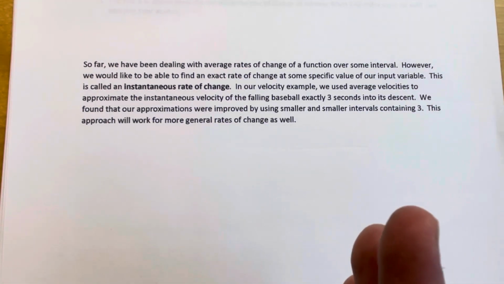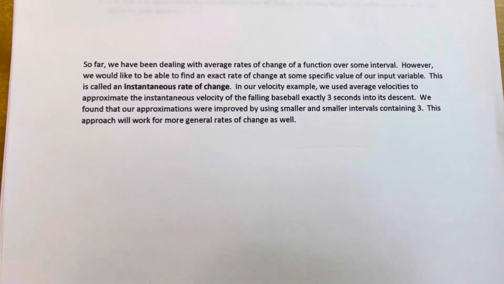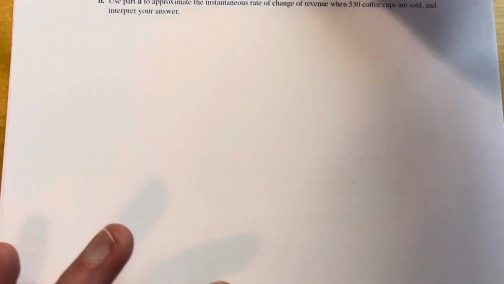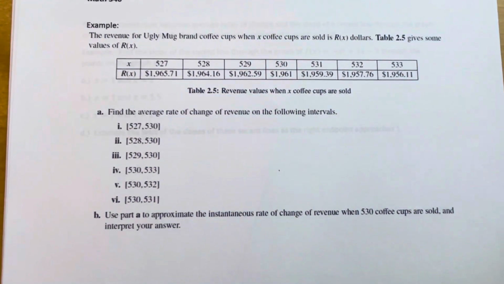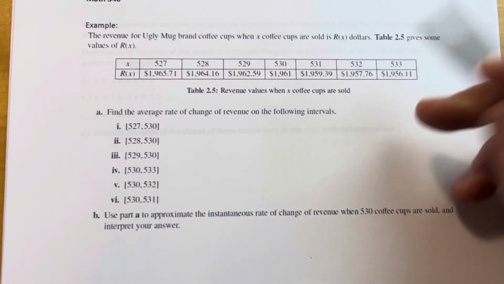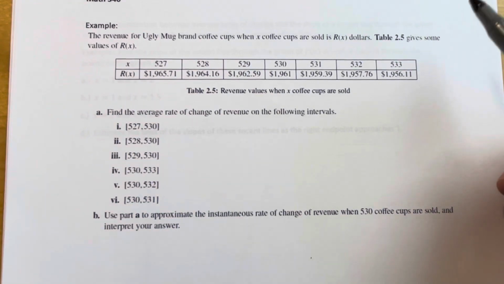That is going to be the thing that motivates how we find this instantaneous rate of change. Okay? So let's look at an example where we might have to approximate a little bit more closely what the instantaneous rate of change would be for a given function.